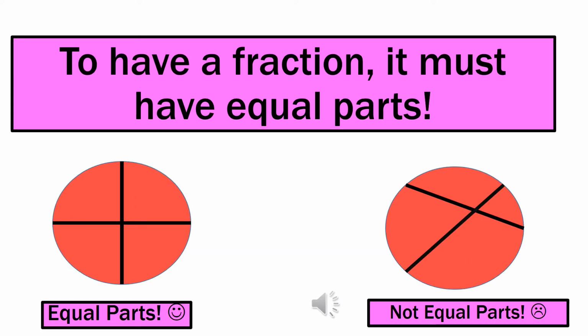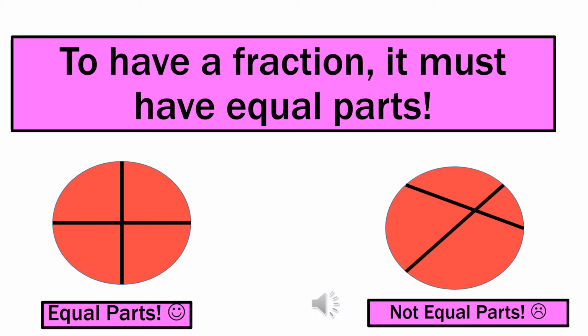To have a fraction, we must be able to split our object into equal parts. Now, if you think about it, if your sibling happened to make a yummy pizza and they wanted to split it between you and yourself and your brother and your sister, which pizza would you rather have a piece of?